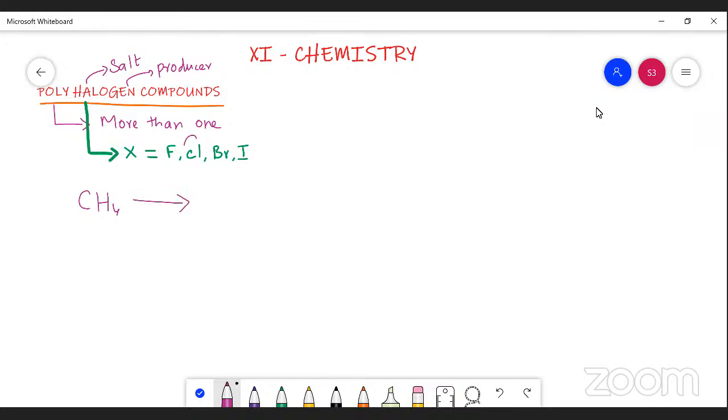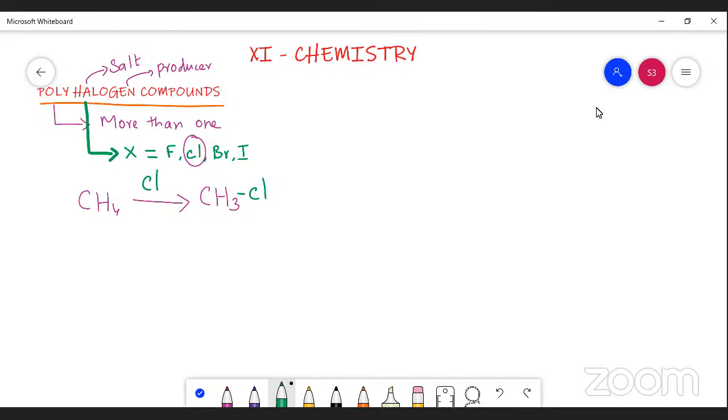For example, we are taking chlorination. Methane is reacted with chlorine. What will happen when it is reacted with chlorine? Now, we are getting CH3Cl, so that it is a monohalogen derivative.